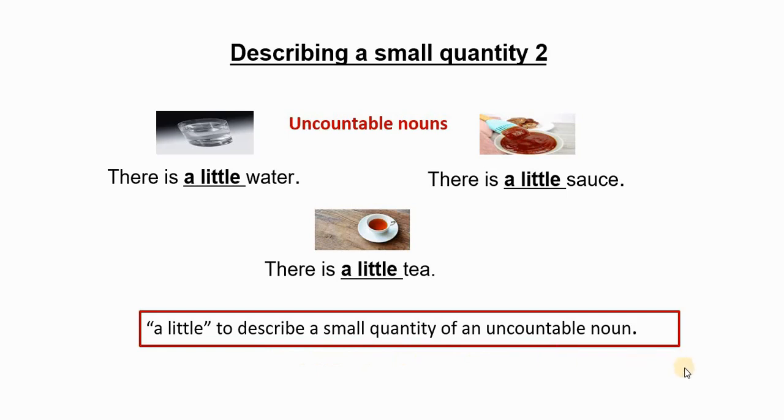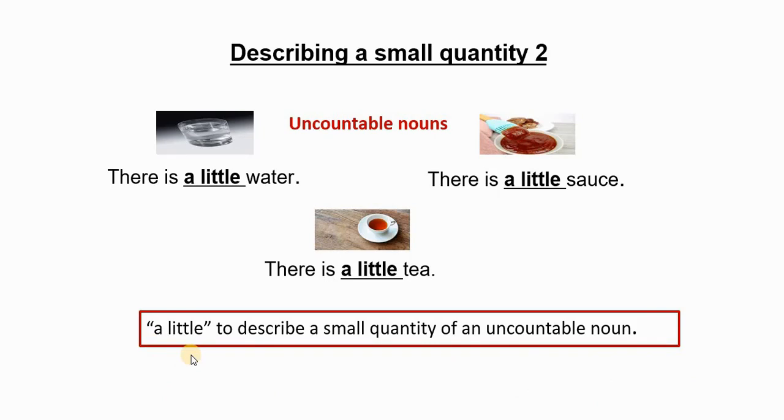Alright? That is very important. We do not use a little to describe a small quantity with a countable noun. Alright? It's very important. Just something else which is important is a little.